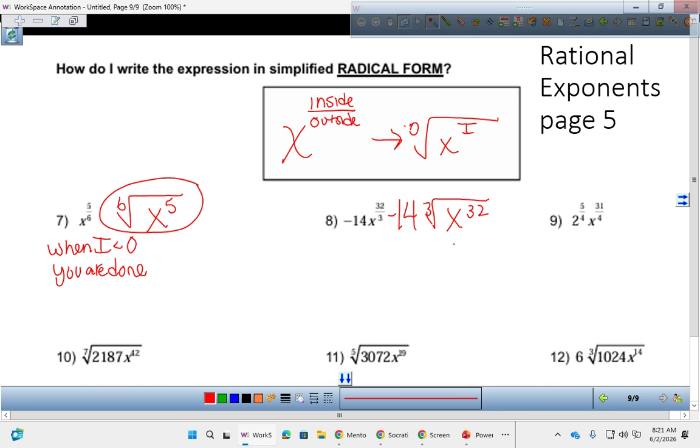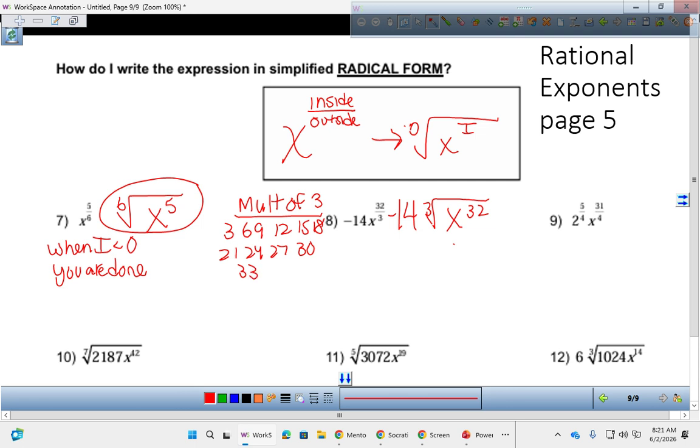Now, to simplify a root that is a variable, you need to think about what's called multiples of, and you want to focus on the outside number, multiples of 3. 3, 6, 9, 12, 15, 18, 21, 24, 27, 30. 33 is too much.